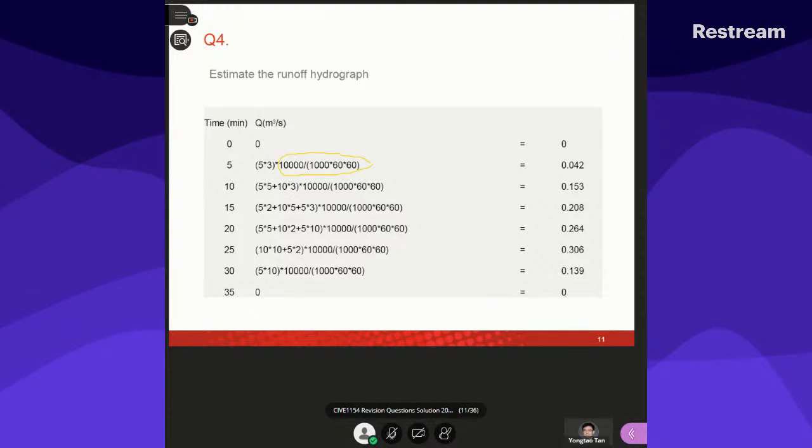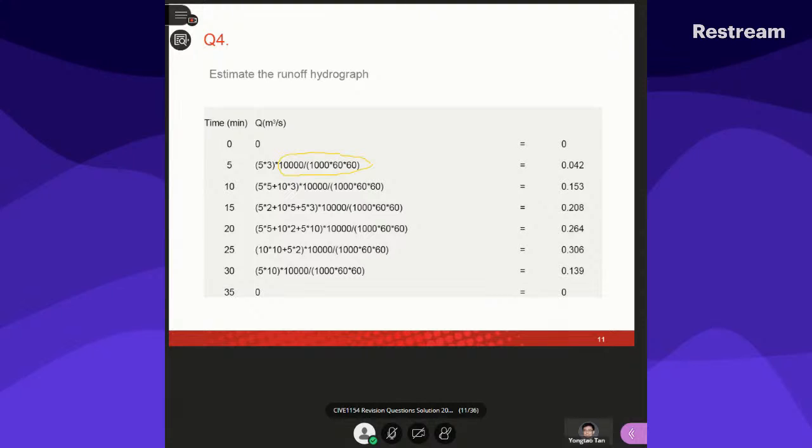Because 1 hectare is 10,000 square meters.